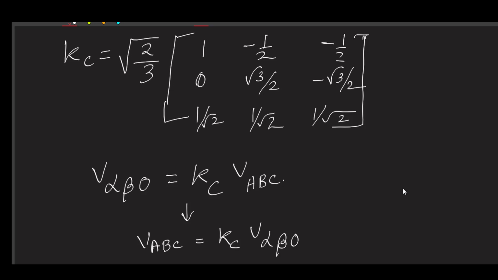So basically what this Clarke transformation is doing: your MMF or electrical signal with respect to a fixed reference is rotating in space.